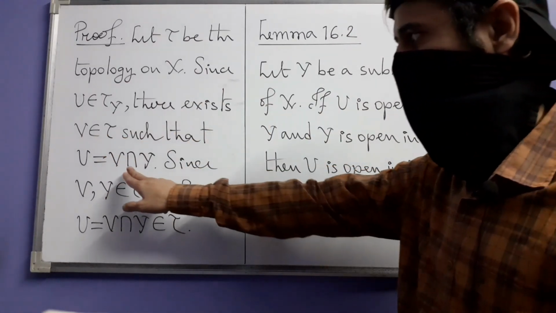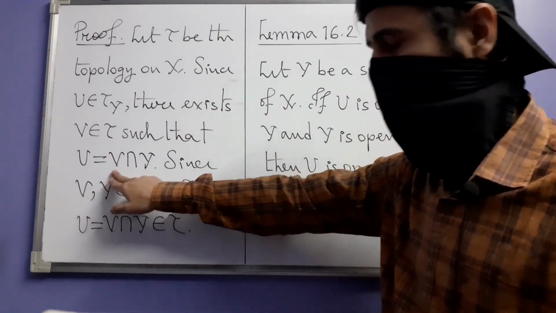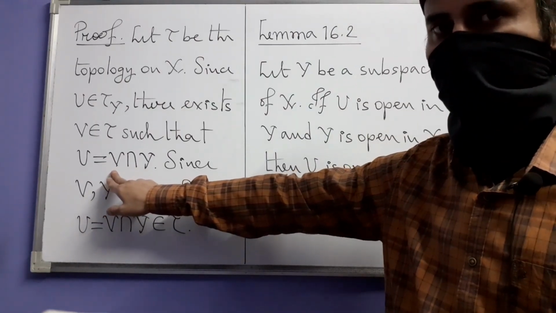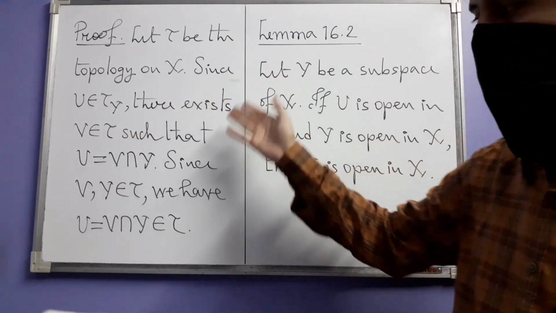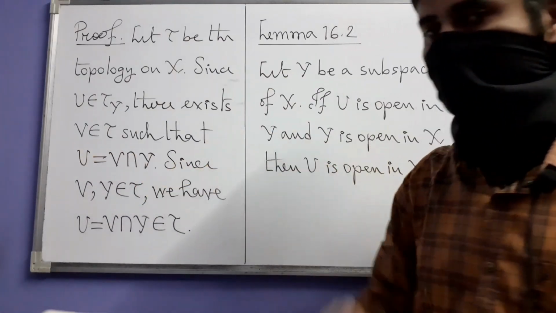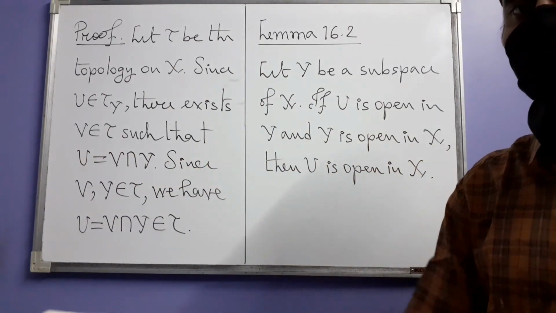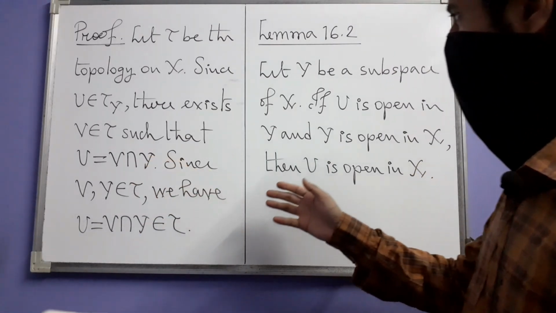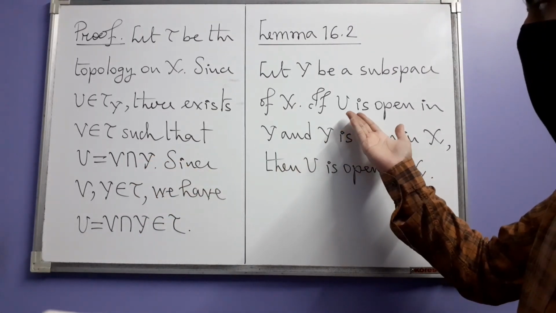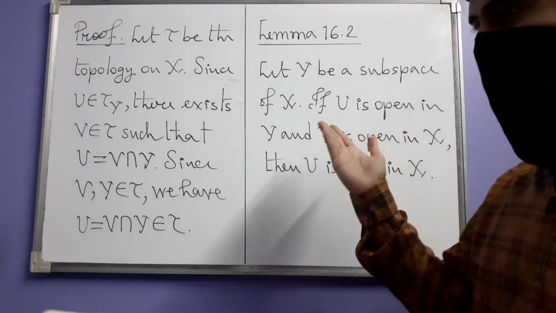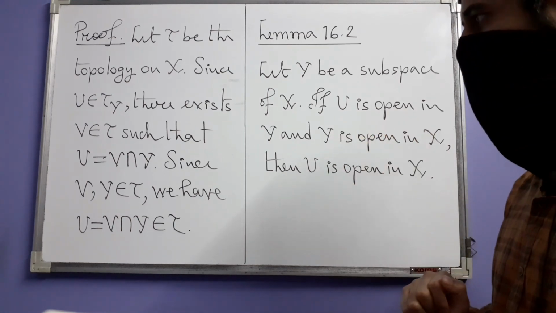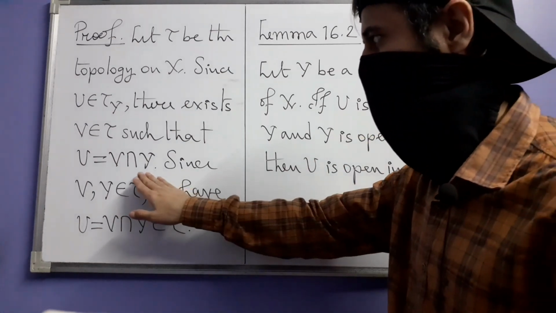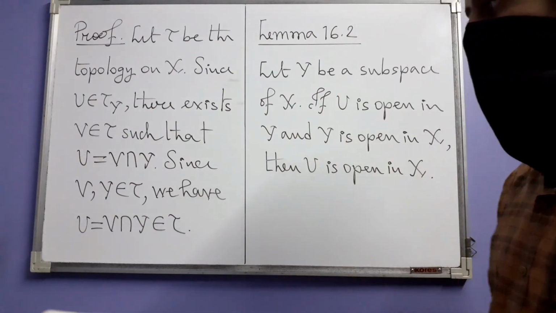Do not be alarmed by the role reversal here. You have been seeing V on that side and U on this side, but these are just variable names given to sets. If you want, no, you cannot of course write V here because it's already given that U is open in tau y. So that's not a very big thing. So U is equal to V intersection y.